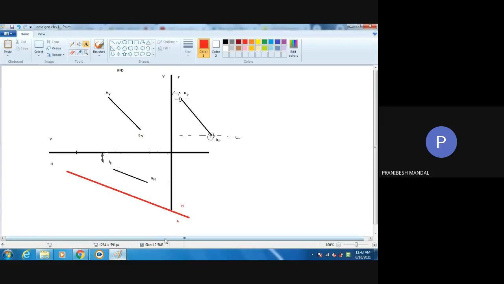So this red line is the partition between the horizontal plane and the A plane. As we have written here, this is the partition between vertical and horizontal. This is the partition between vertical and profile. So this red line is the partition between H and A plane. Yes or no? Is it clear? Yes, sir.